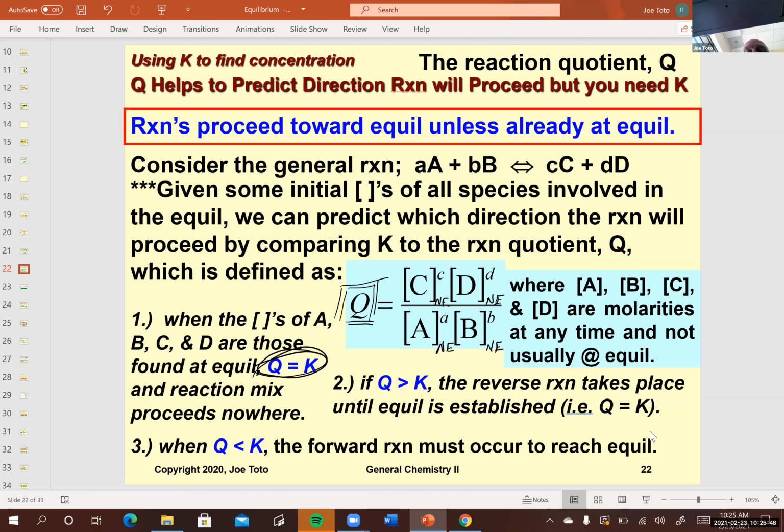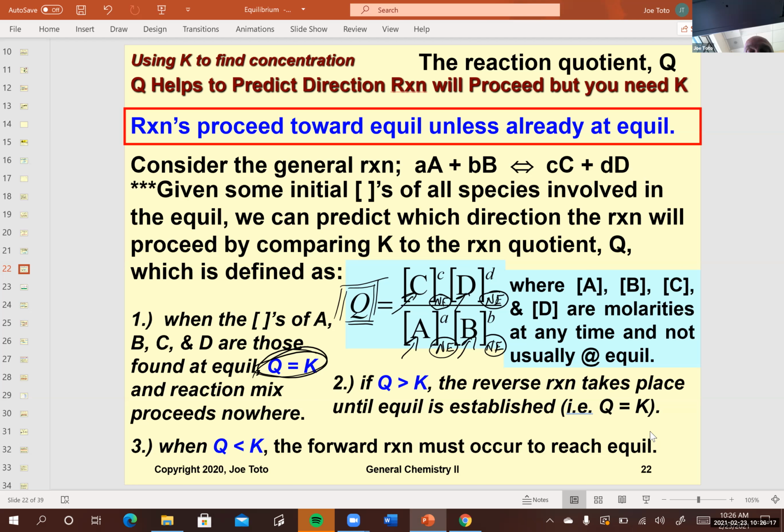So if I have those initial concentrations, that's what these are, initial concentrations that are given to me in a problem. There's a mixture of reactants and products. I can just put them in and I can calculate Q. And then I can compare Q to K if I have K, which I will have in type C equilibrium problems.